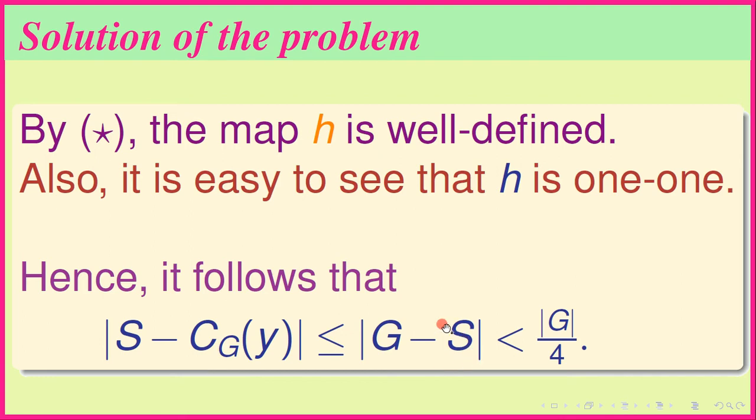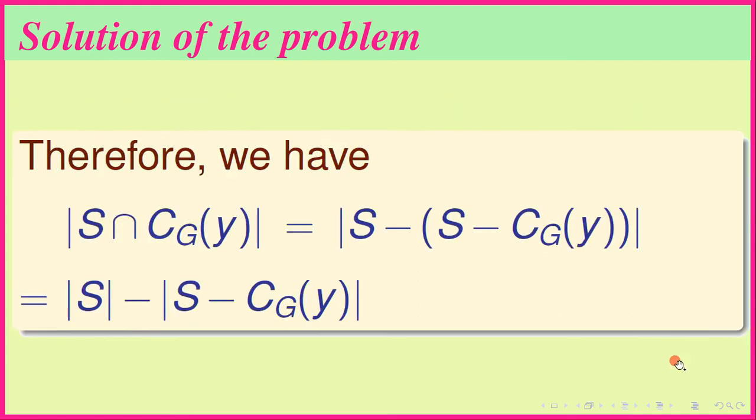And this we have already seen is strictly less than 1/4 of G. Therefore, what is this intersection? Size of this intersection can be written as S minus CGY. And these two sets S and S minus CGY are disjoint.